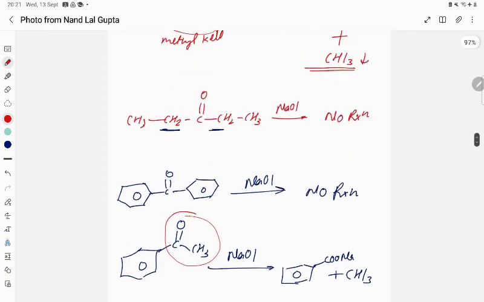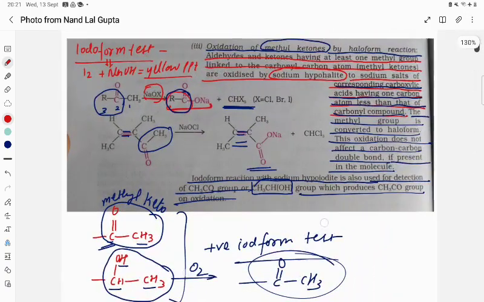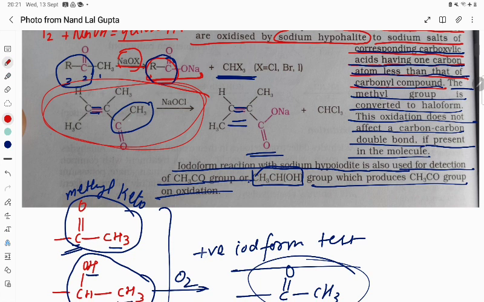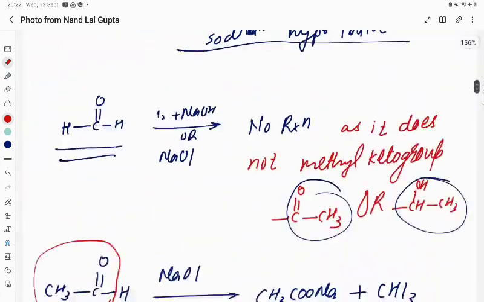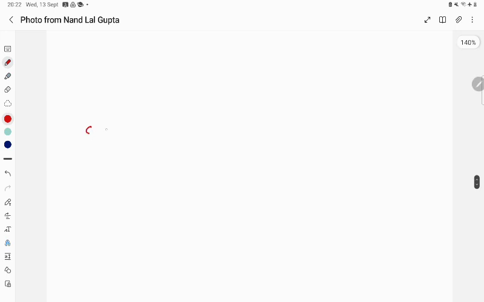Now, see one more reaction, what is there in the book. If you are talking about this compound, 1 2 3 4 5, if you are writing 3-methylpent-3-en-2-one, let us write this equation, you may be getting confused. 1 2 3 4 5.